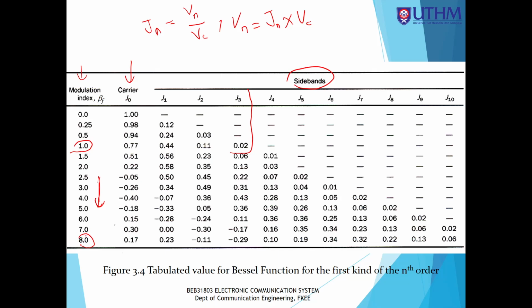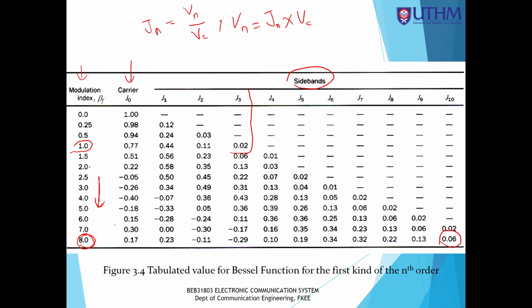Another example, if beta is equal to 8, I'm going to have up to 10 pairs of sidebands.